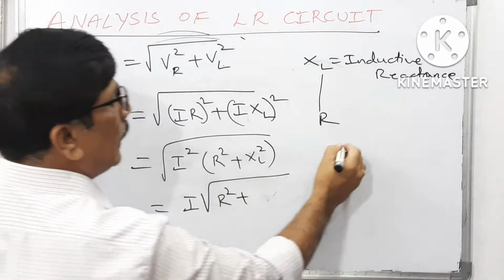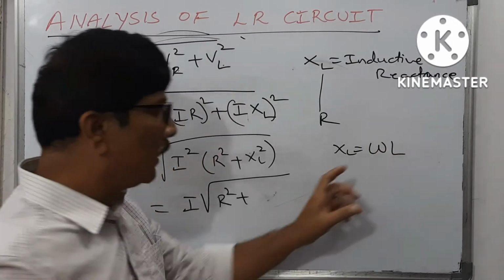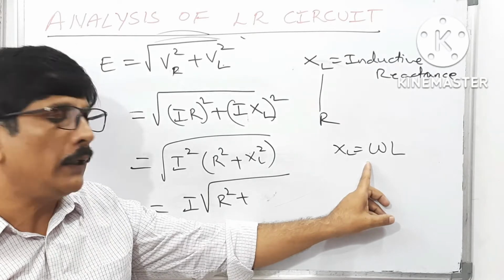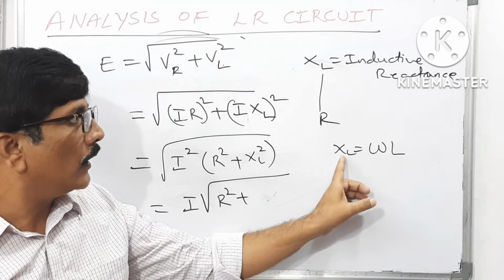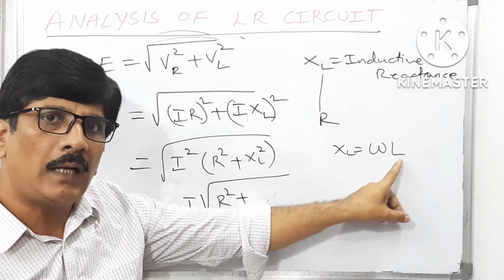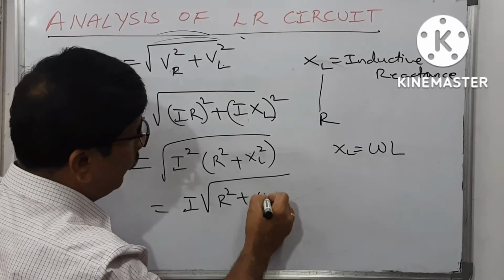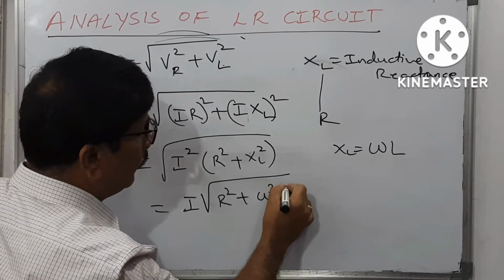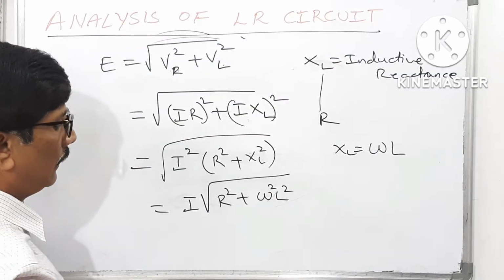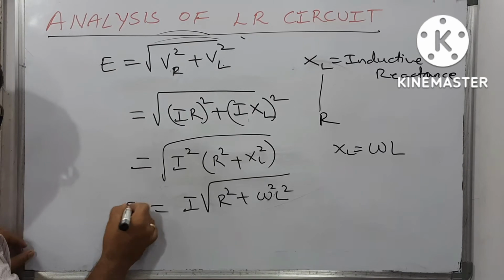You know, XL is nothing but omega L. We already discussed when I was explaining AC through a pure inductor. I said the inductive reactance is nothing but angular frequency and inductance of the inductor. So this can be written as omega L, omega square L square, because in the place of XL I am writing like this. So here, this is nothing but electromotive force.